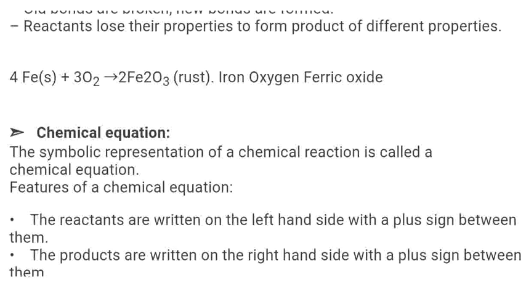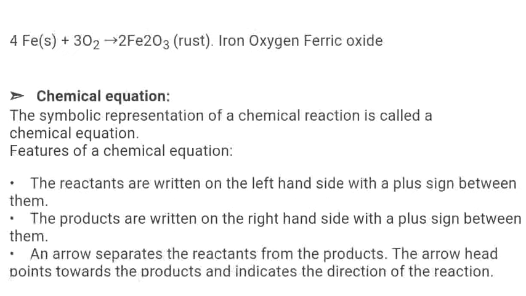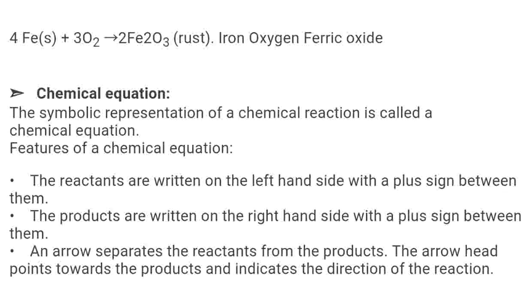So if we write this reaction in the form of symbols, the symbol of iron is Fe, the symbol of oxygen is O2, and the formula of rust is Fe2O3.